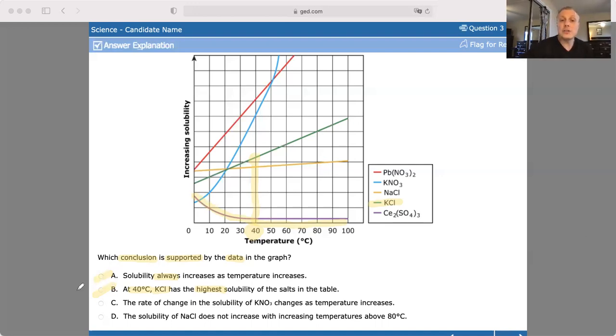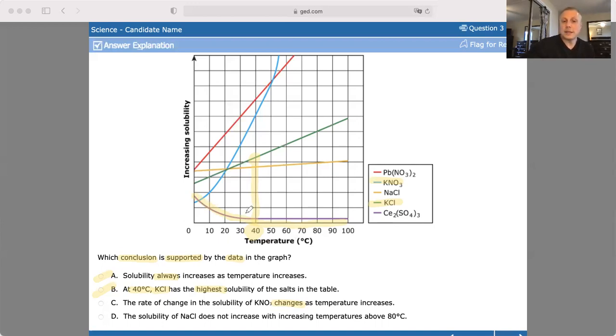The rate of change in the solubility of KNO3. Now let's figure it out. KNO3 is the blue one. So we can see the blue one there. It changes as temperature is increasing, meaning this thing is changing up, and let's take a look. Let's see if that is true.